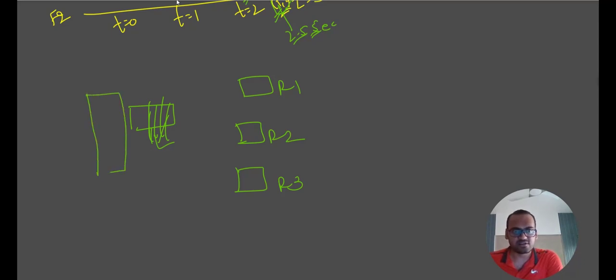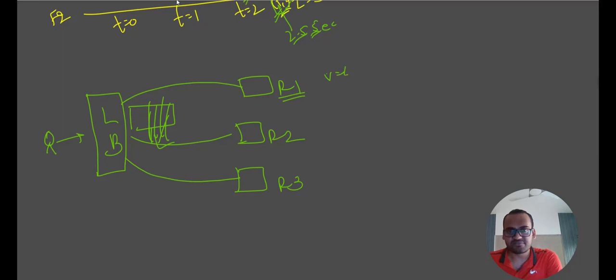So let's consider a load balancer here, which can forward a request to R1, R2, or R3. This is the client. Let's say R1 has data with version 4, R2 has data with version 3, and R3 has data with version 4 again.